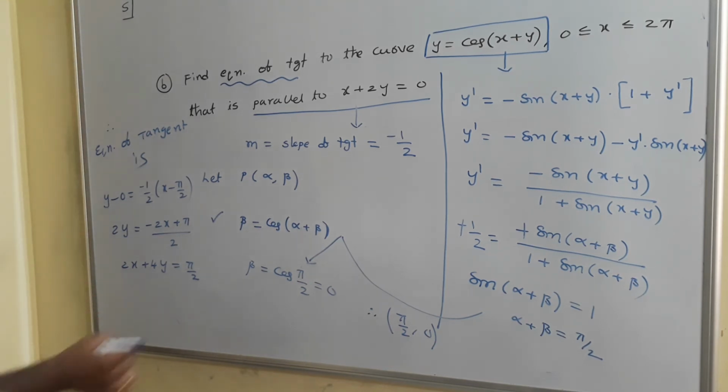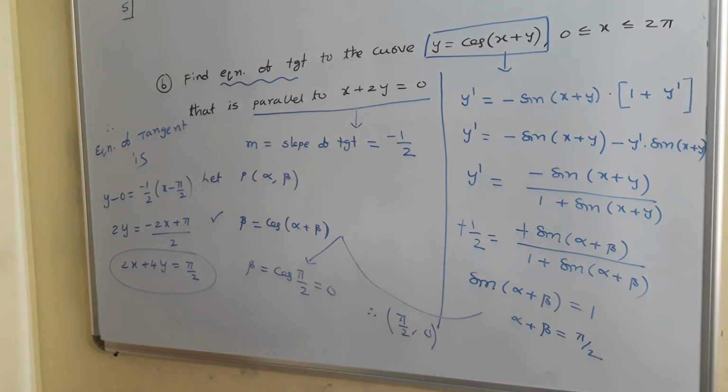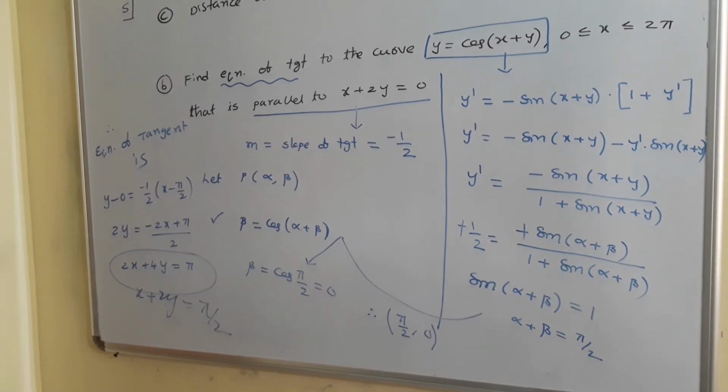That's the problem. So this is the equation of the tangent at that point. Just have a look. That's 5b. Your answer is x plus 2y is equal to pi by 4.